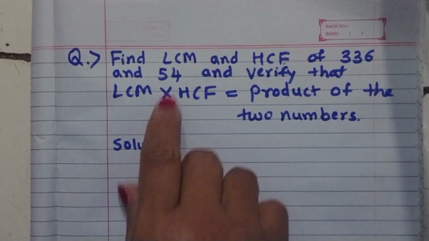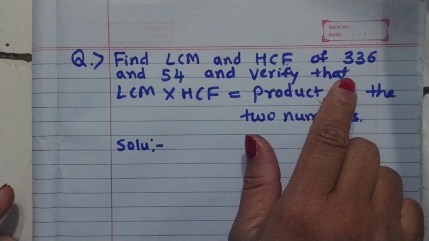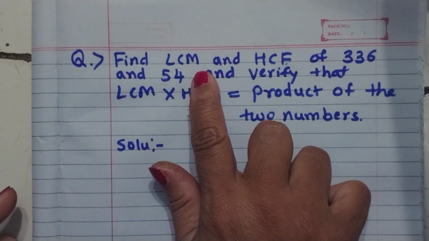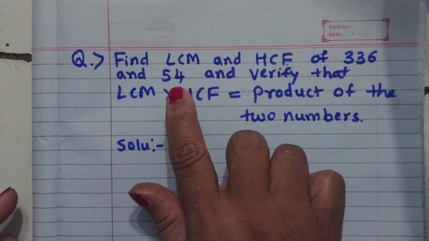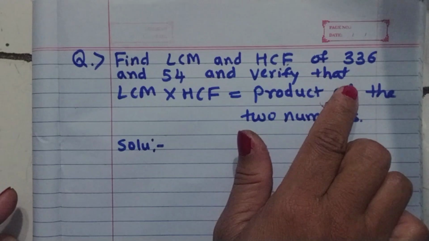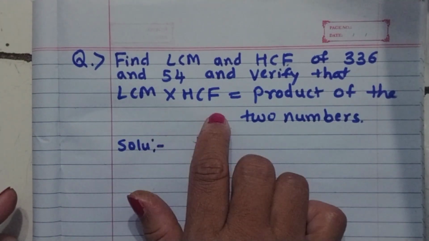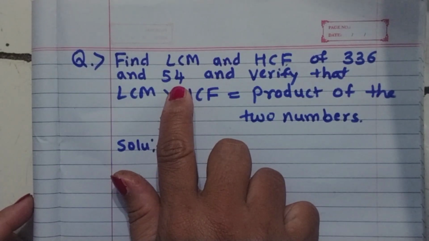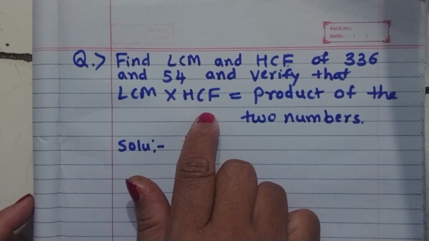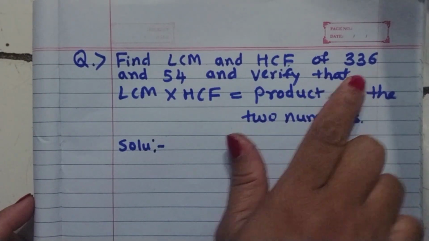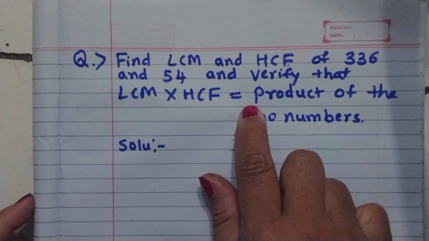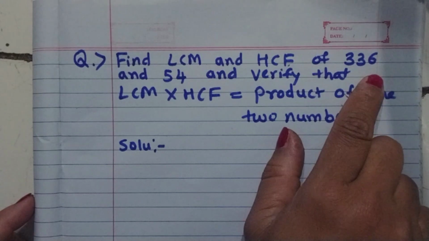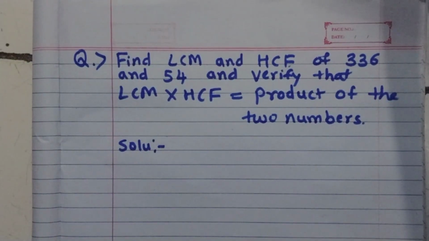So in this question we have to find LCM and HCF of 336 and 54 and verify that LCM of 336 and 54 multiplied by HCF of 336 and 54 is equal to product of 336 and 54.